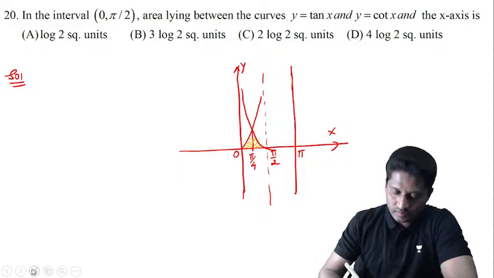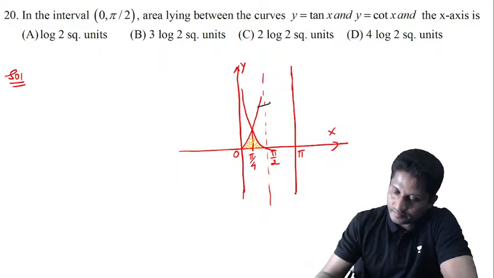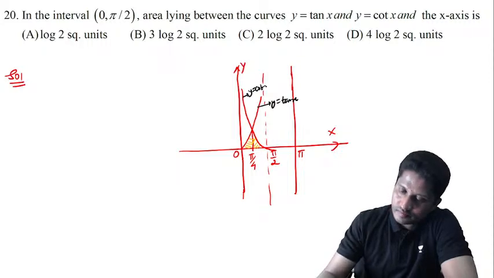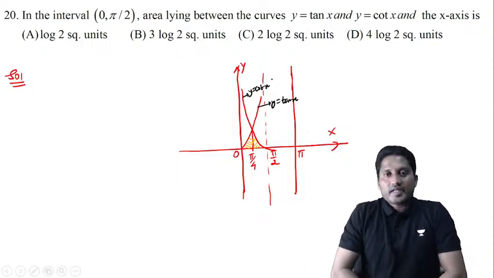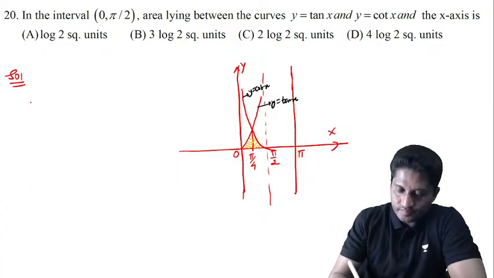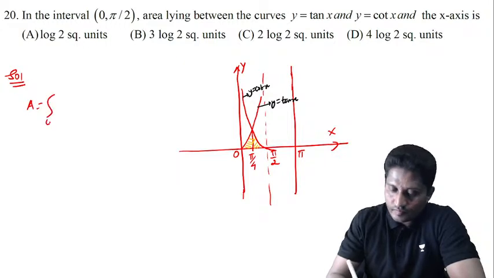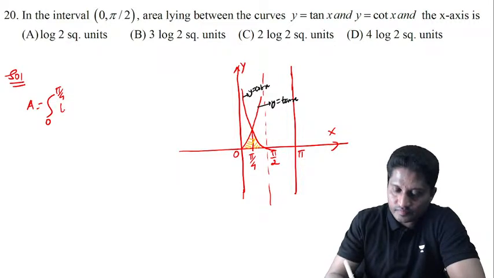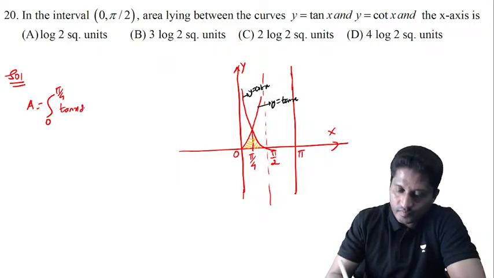So this is tan x, and this is cot x. If I take the tan graph and cot graph, 0 to 45 will be tan x, and then 45 to pi by 2 will be cot x.